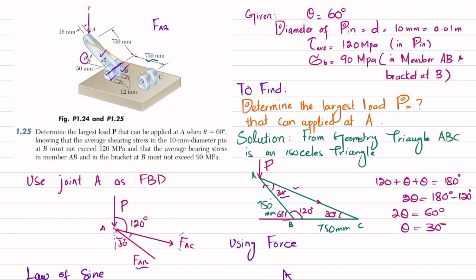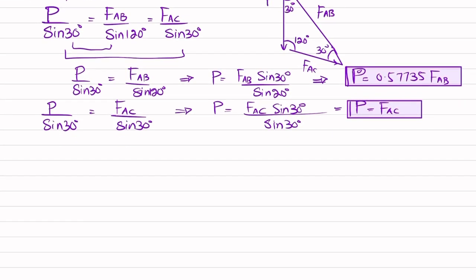First, it is given the average shearing stress in pins. So our criteria will be, first, if shearing stress in pin at B controls. If we take the shearing stress in pin B, what will be the value of FAB? We know that shearing stress is equal to shearing force per unit area.